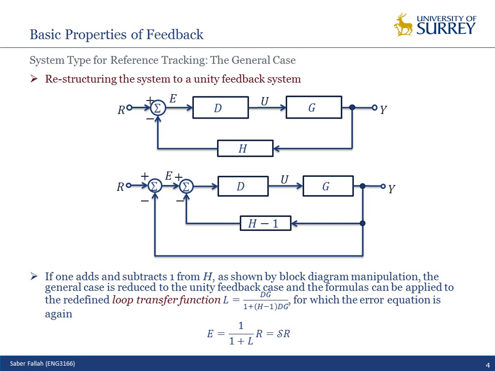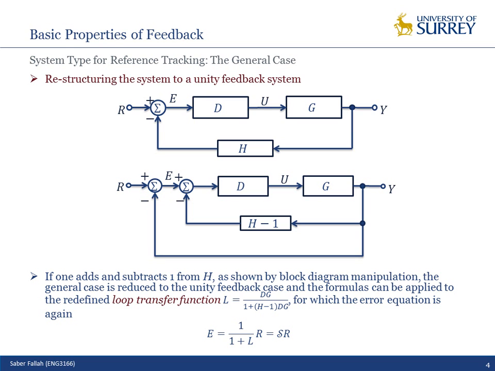It means for the step input, I have a constant steady state error. If I have just one integrator or one pole at origin, the system is type 1, and for the step input, the steady state error is 0. But for the ramp input, I have a constant steady state error. So it gives us the truth without calculating the transfer function of the closed loop system, just by looking at the loop transfer function to see if there is any steady state error for a given input or not.